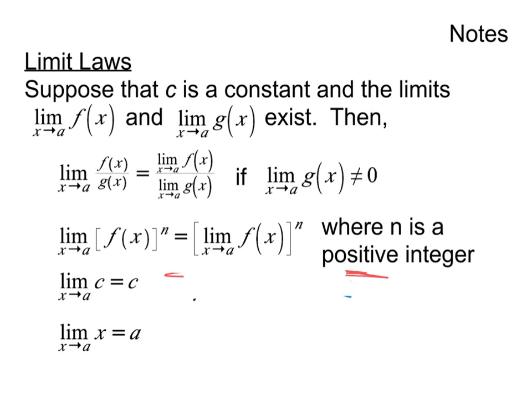The limit as x approaches a of x. Well, in this case, we're looking at what the graph would look like if we were graphing y equals x. That, of course, would be a line with a slope of 1, going through the origin.